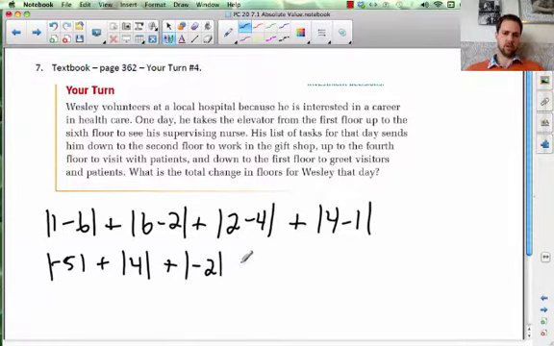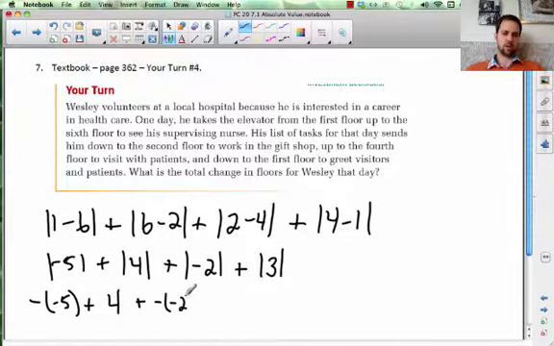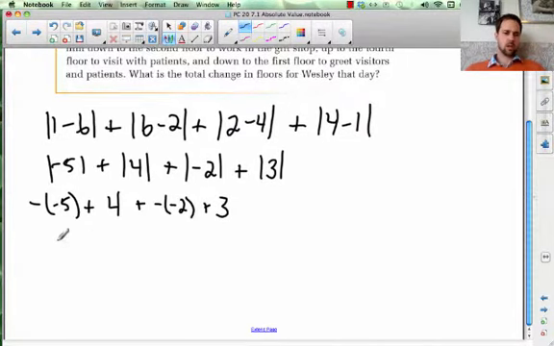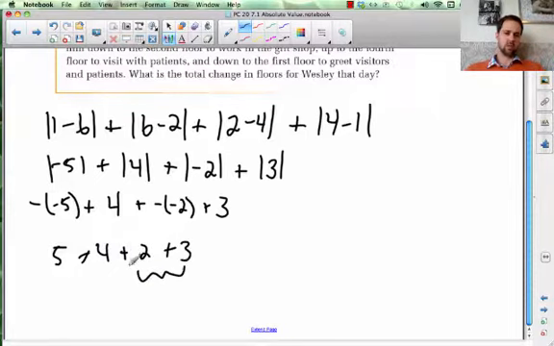Change in floors of 2. And a change in floors of 3. So the negative of negative 5 plus 4 plus the negative of negative 2 plus 3. And this is 5 plus 4 plus 2 plus 3. So this is 5 and 5 is 10, and 4 equals a change of floors of 14 for that day.